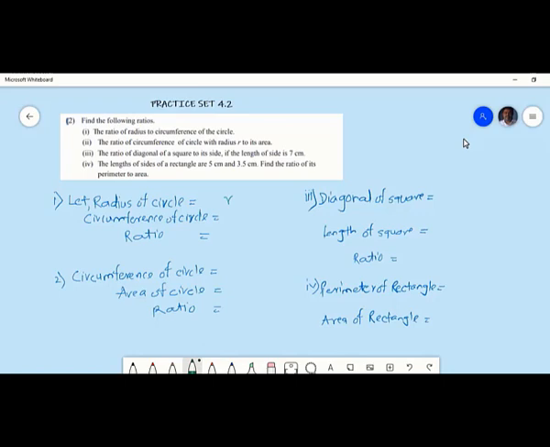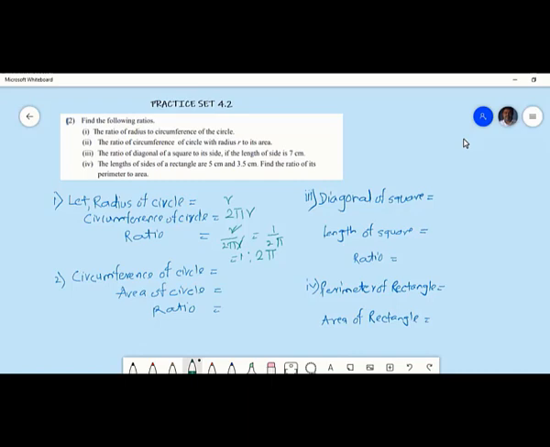You know the formula of the circumference of the circle, 2 pi r. The ratio is r upon 2 pi r. So r cancels, we get 1 upon 2 pi. Ratio is 1 is to 2 pi. It's very easy.